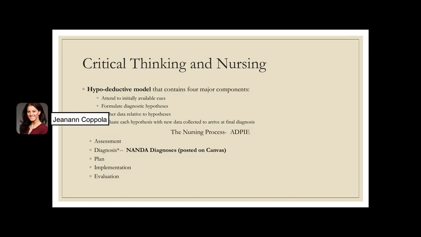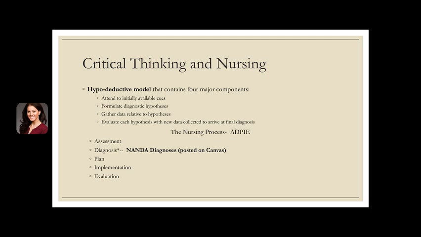With nursing assessment, physical assessment or health assessment, you really need to start thinking more critically about the patient. You are going to start to think not just this or that, but what else could there be? Critical thinking in nursing uses the hypotheticodeductive model, which contains four major components.